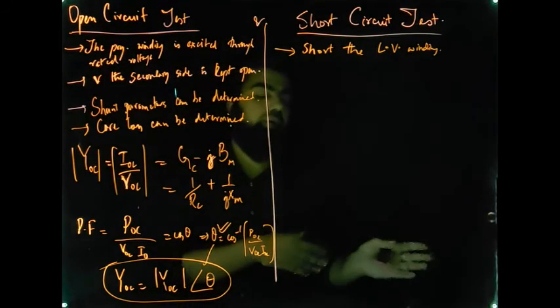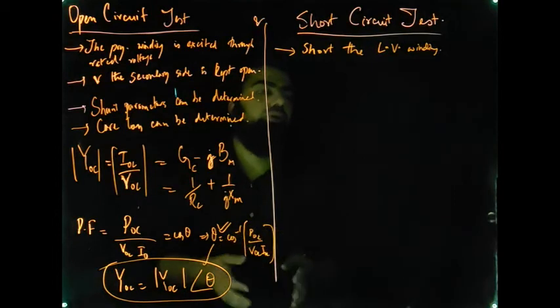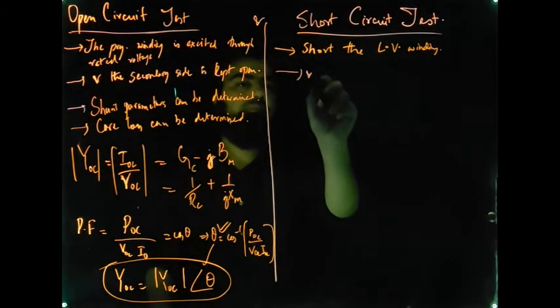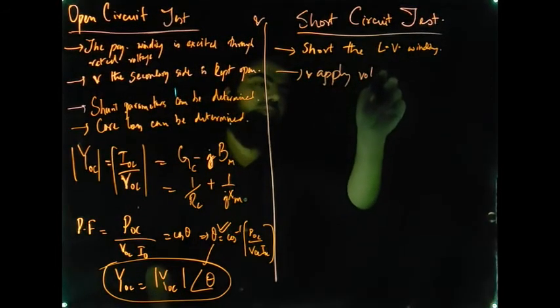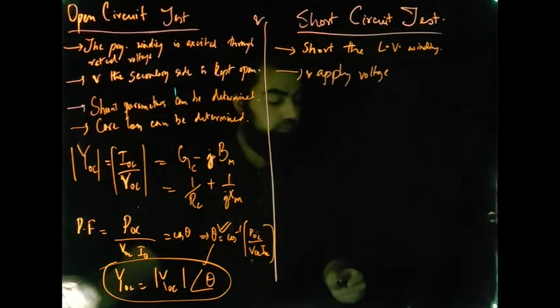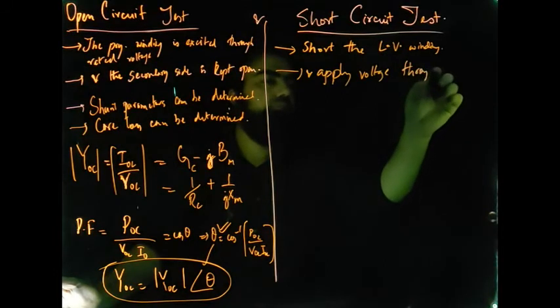I'm not now saying the primary winding or the secondary winding. I refer to this specifically as the LV winding, because we'll make sure to apply voltage through the HV winding.